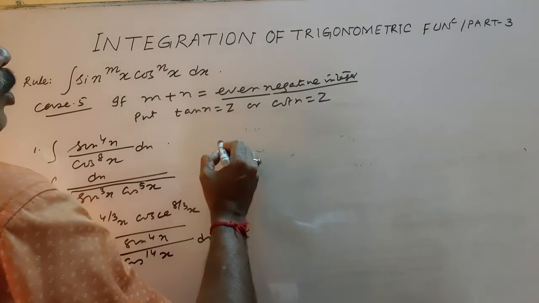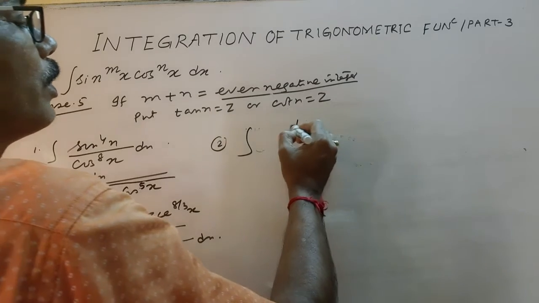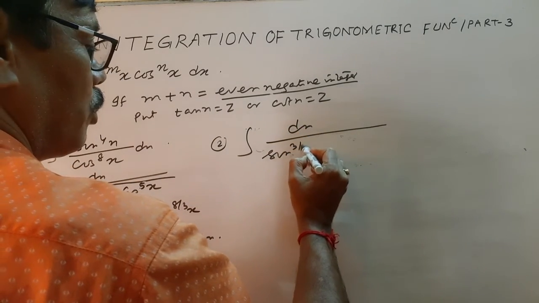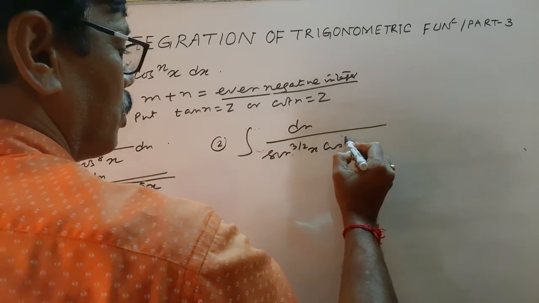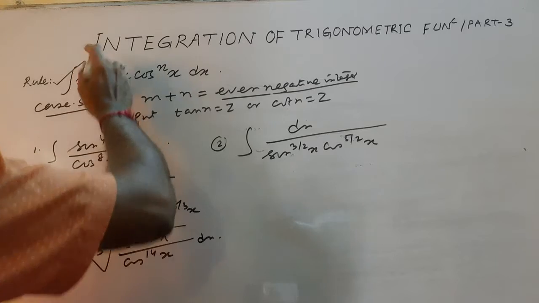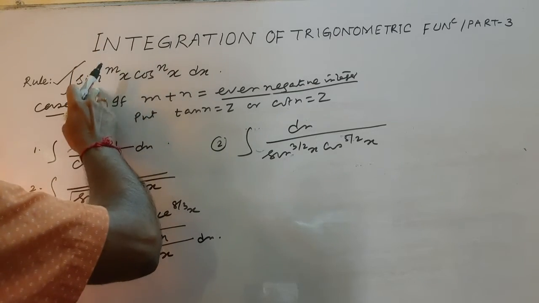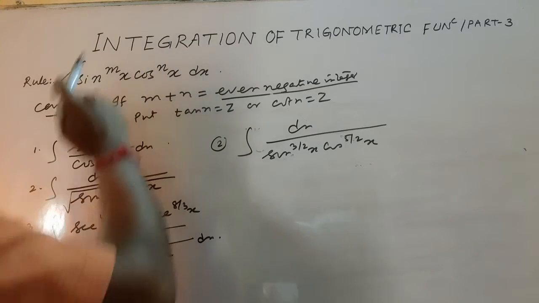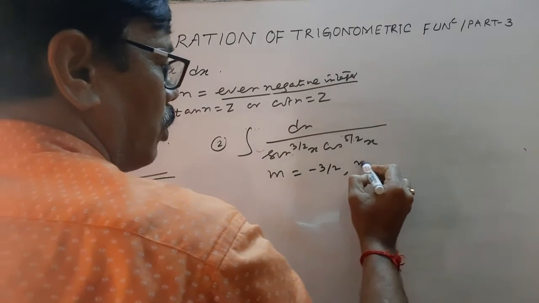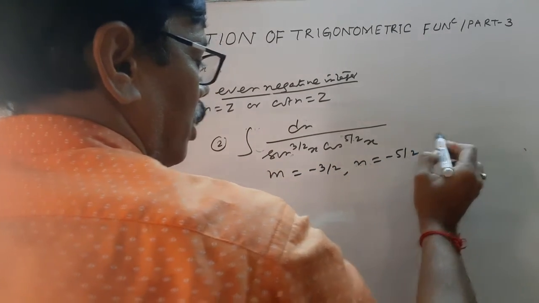So problem number 2: dx by sin to the power 3 by 2 x, cos to the power 5 by 2 x. In standard form, sin is in the numerator and cos is in the numerator. So what is m? Minus 3 by 2, and n is minus 5 by 2.